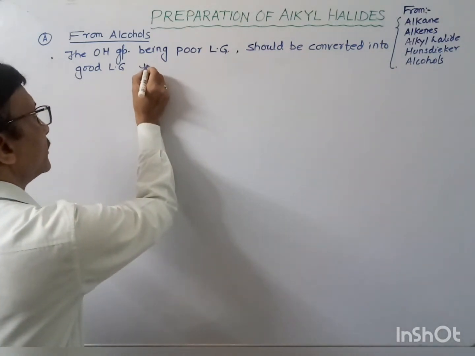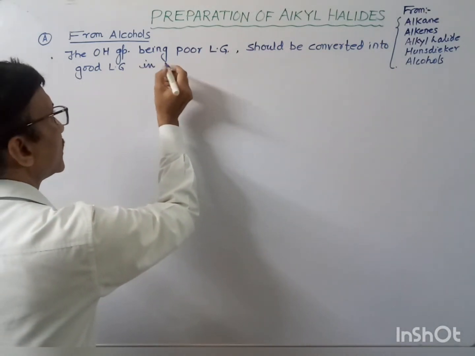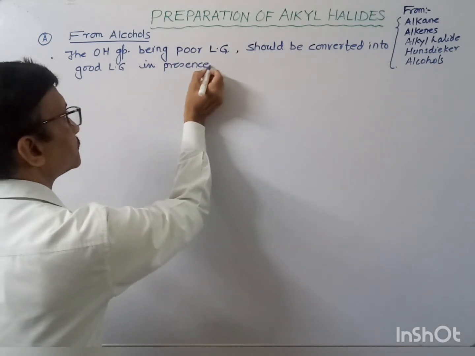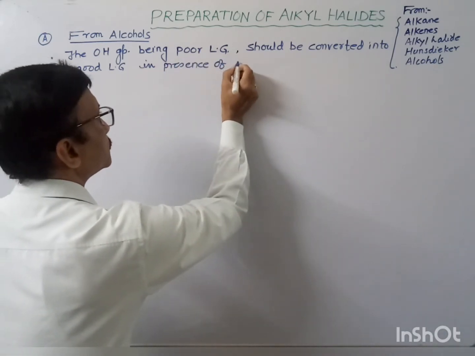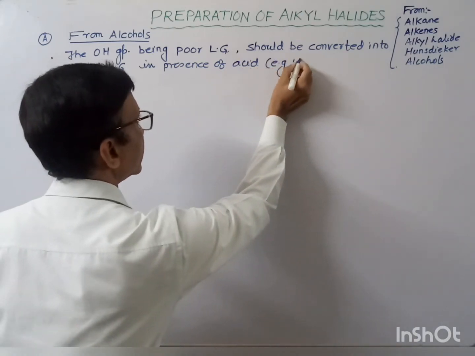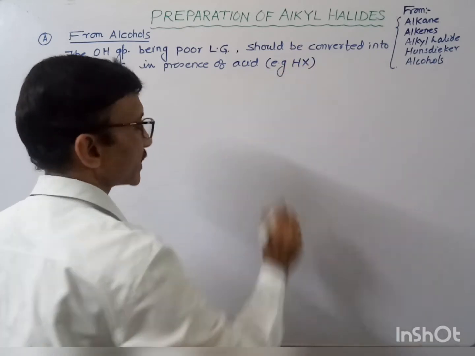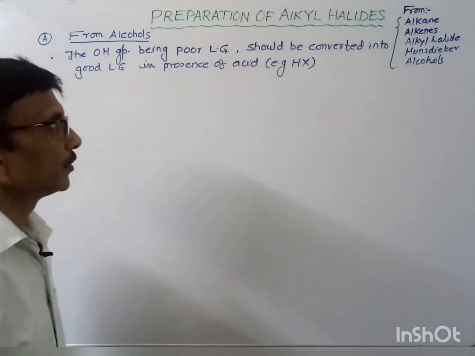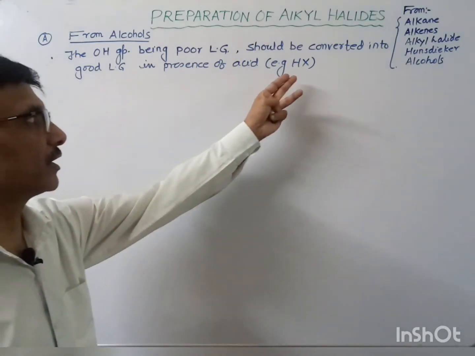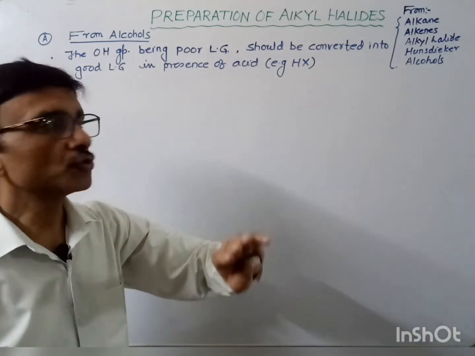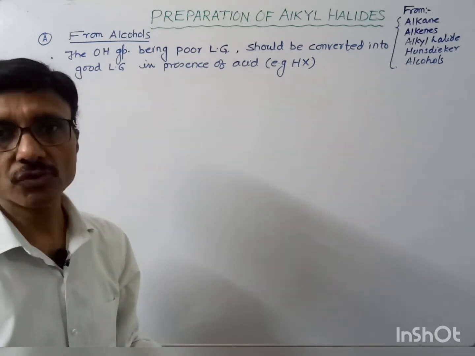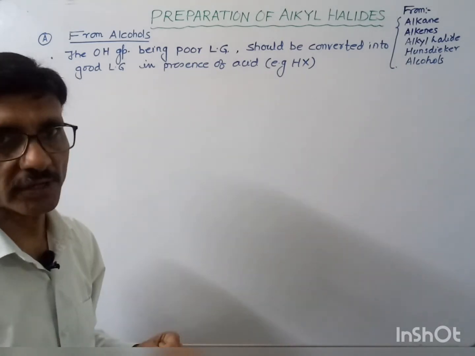For example, we may take the halogen halides; different hydrogen halides can be taken for it. In presence of hydrogen halides, the OH group is converted into H2O, and H2O is a good leaving group.